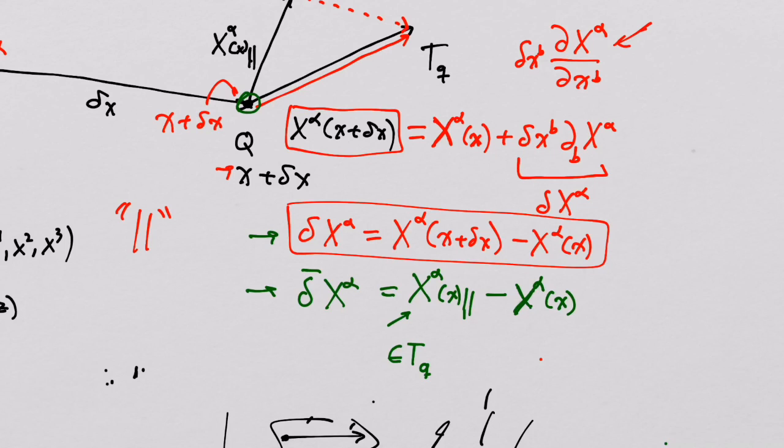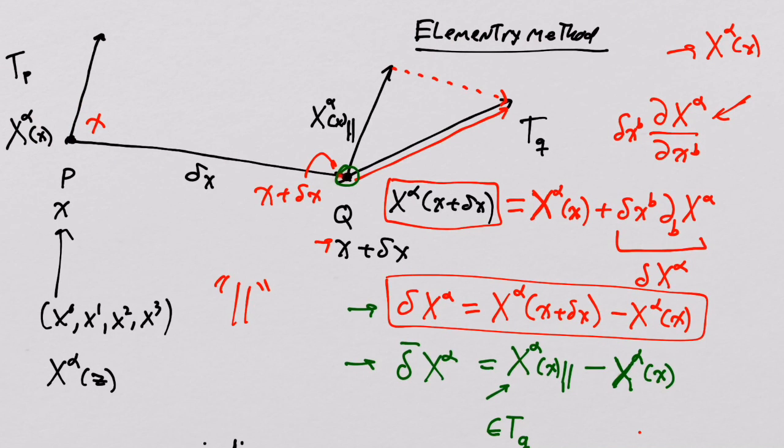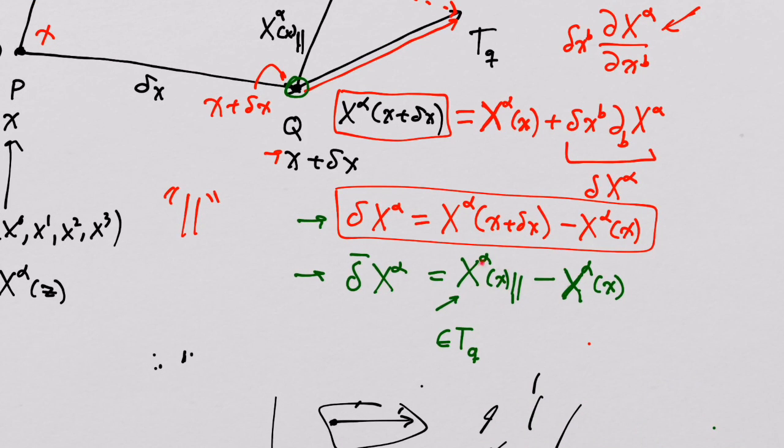So the point is that in the space at P, these are the components. We're going to move that by parallel translation somehow, which we don't know how. We're going to move from here to here, and we're going to come up with this vector as the parallel vector over here. Now these are the components in Q of the parallel vector.